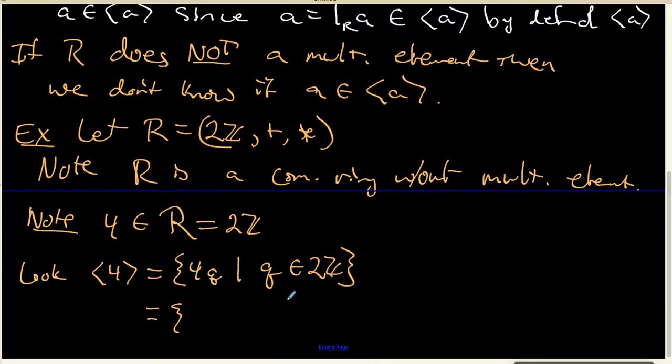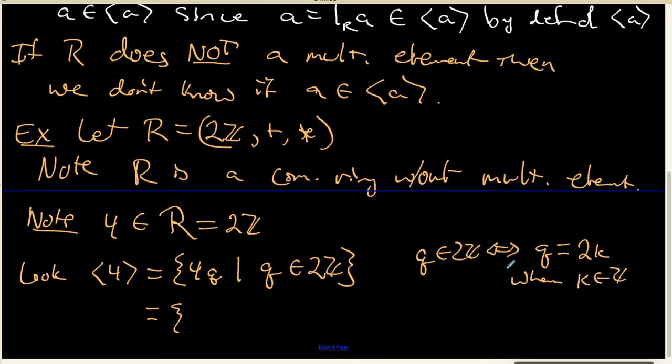In order for q to be in 2Z, I know that q is going to be equal to 2 times something, where that something is pulled from the integers. And this particular thing is an if and only if. So what that means is that this set of objects is really nothing more than 4 times 2k, where k is pulled from the set of integers.